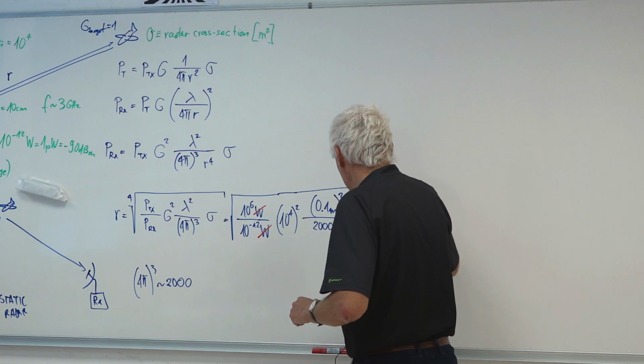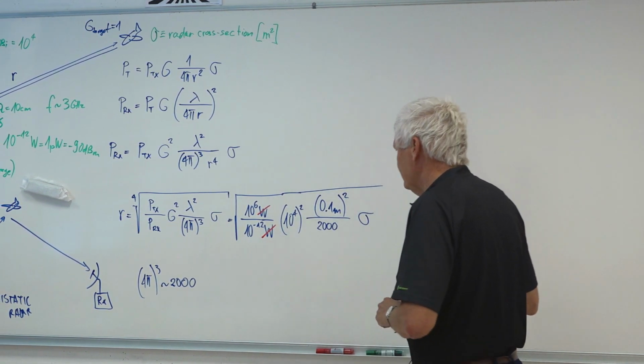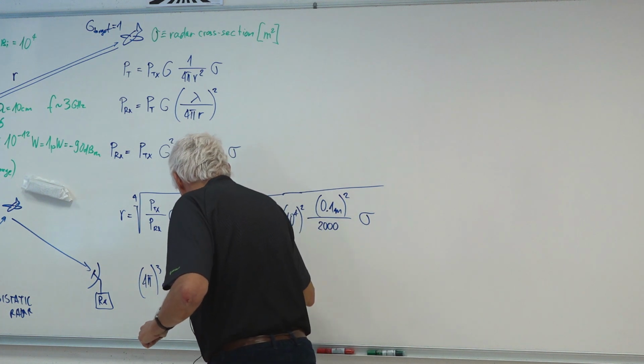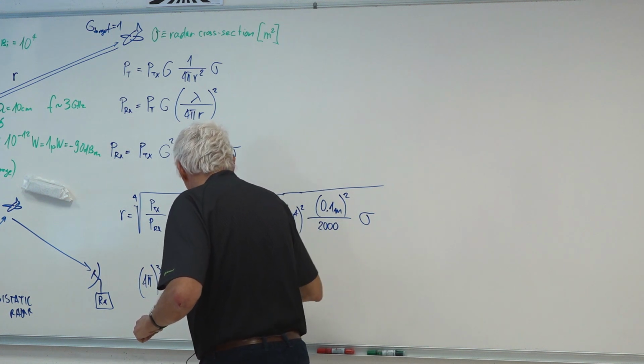And we are left with sigma. Let's see what the range is going to be. The range is the fourth root, not the square root.